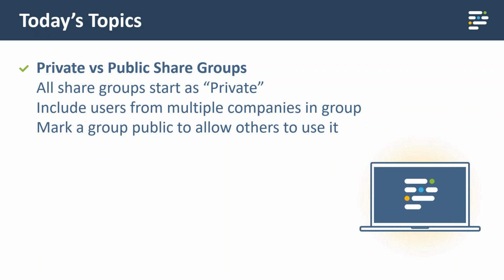You can include multiple users from multiple companies in your share groups now, regardless of whether they're private or public. And you can make a share group public from what was previously private to allow other companies to use your share groups. I have a couple more slides to go into this in a little more detail for clarification.